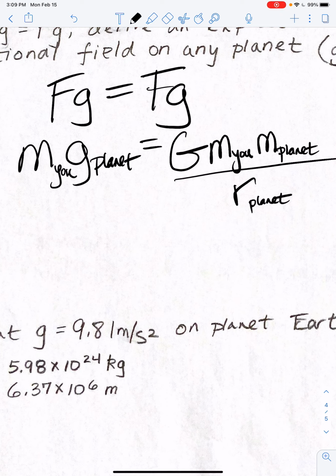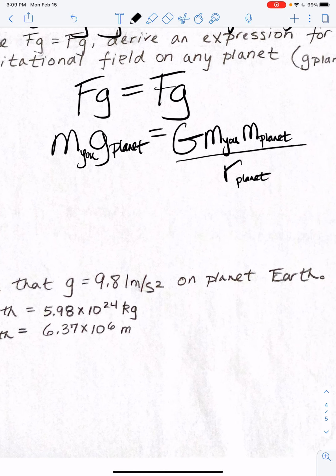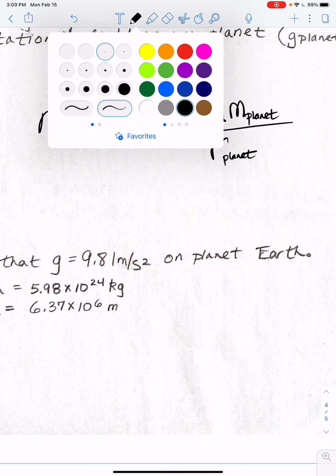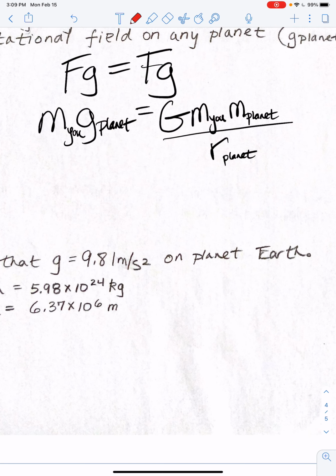And you can see that the gravitational field of a planet does not depend on your mass. Meaning there's going to be a field around this planet that causes objects to accelerate towards it, regardless of whether or not you're there to experience that field or that acceleration. And so your mass mathematically cancels away.